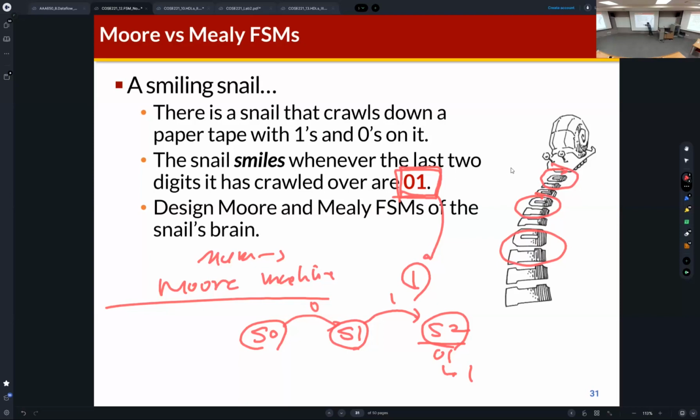The input signal changes the state if we detect the 0, and then the state changes to S2, and S2 will generate the output 1.